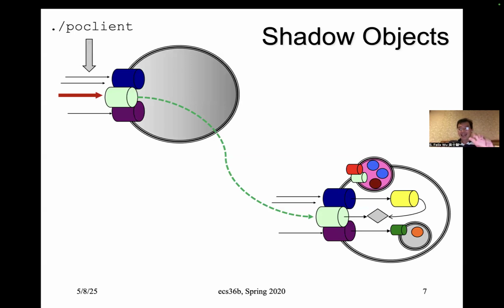By the way, I can extend this scenario very easily with multiple layers of shadow. That means a shadow object number one that's interacting with the PO client is actually pointing to another shadow on maybe another program.